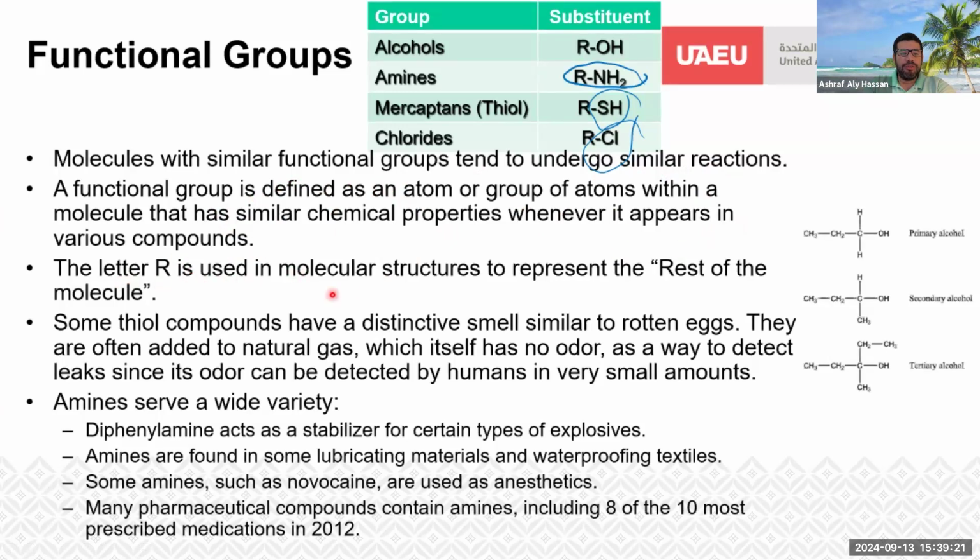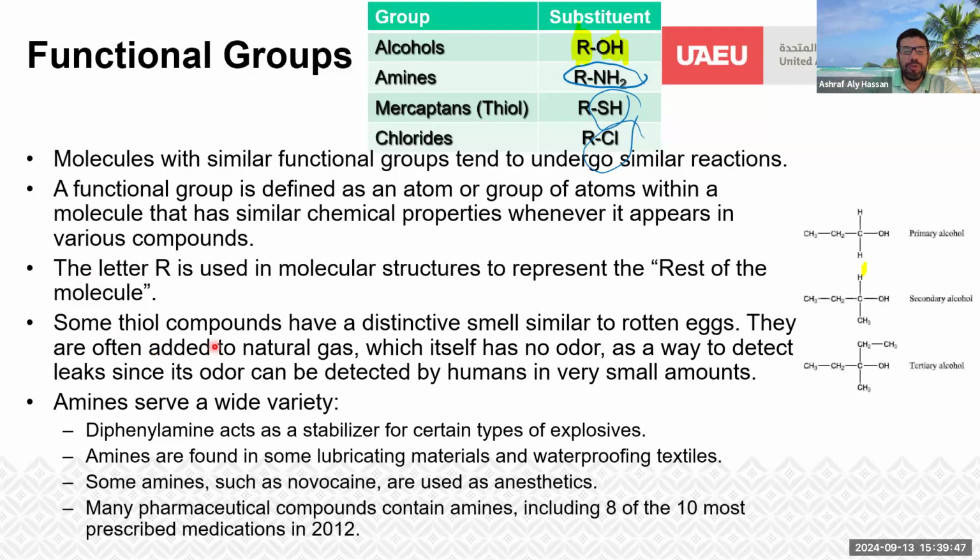The letter R is used in molecular structures to represent the rest of the molecule. So here, when we are talking about R, OH, the R part is the rest of the molecule, and the OH part is the functional group.